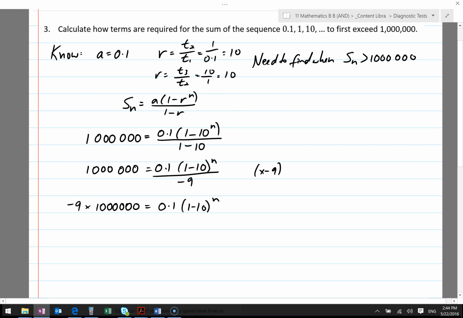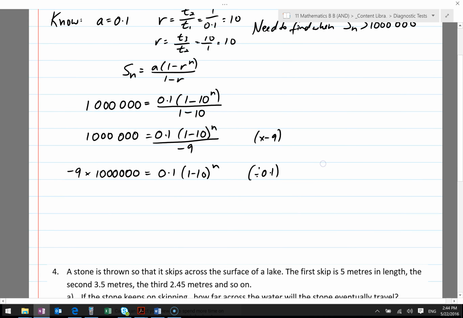Okay, I'm trying to get the n by itself. Need to get rid of this 0.1 as well. Can't convert to logs when I've got something on that side still. Okay, so from here, trying to find what this unknown power is. Alright, so I did make a small error in here, and it actually did feel weird along the way. From here to here, my power seems to have escaped outside of the bracket somehow.